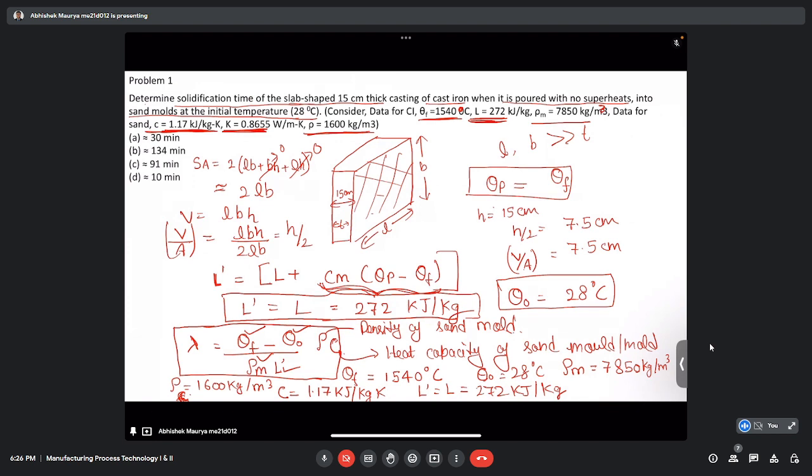This is for the mold material. And rho is 1600 kg per meter cube, that is for the mold material.